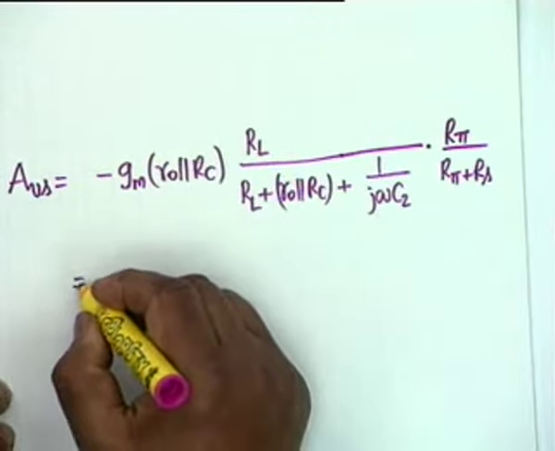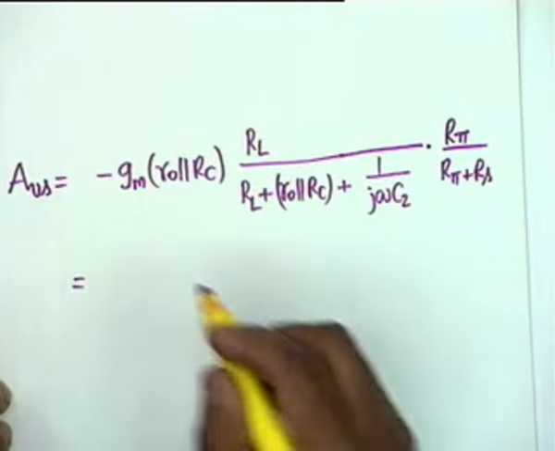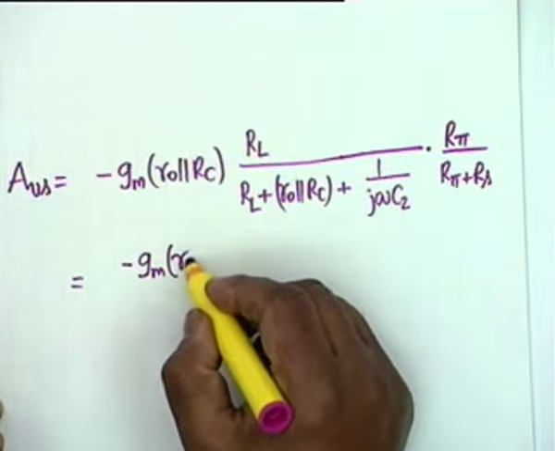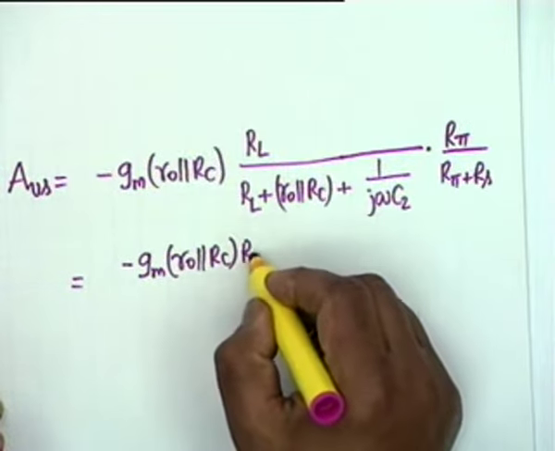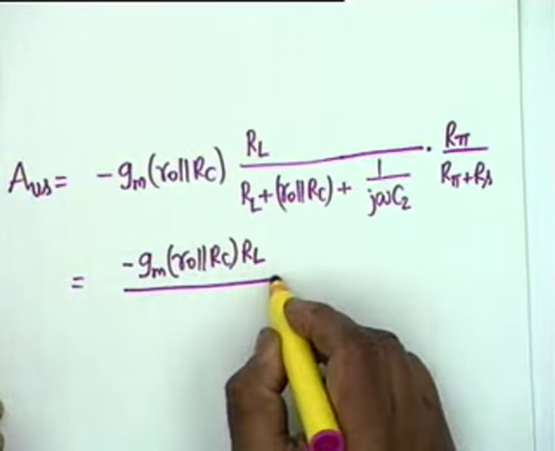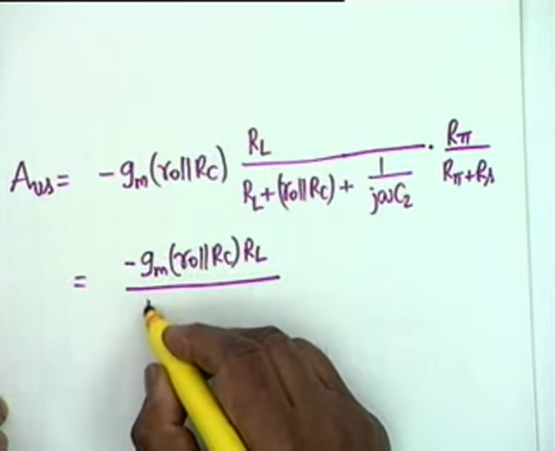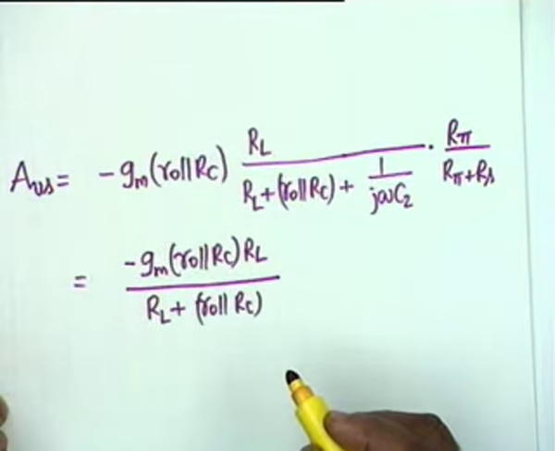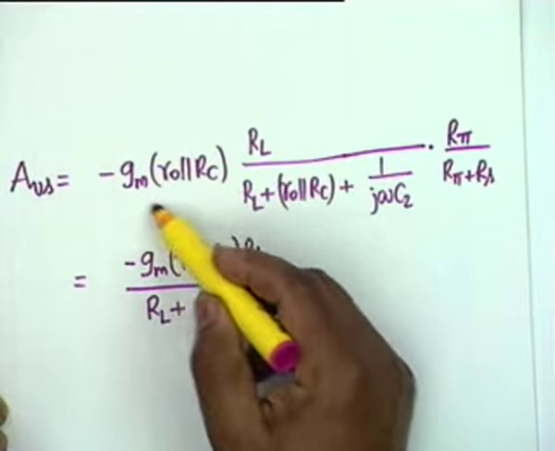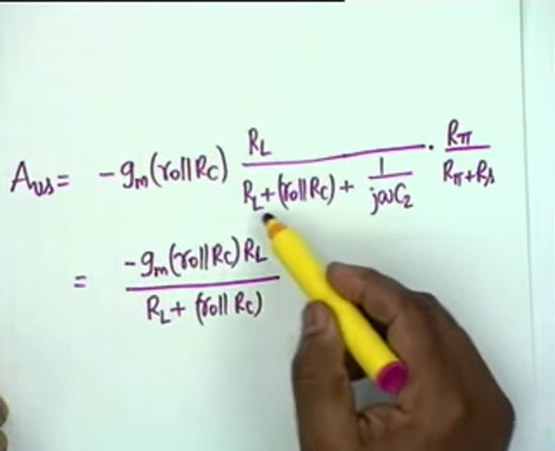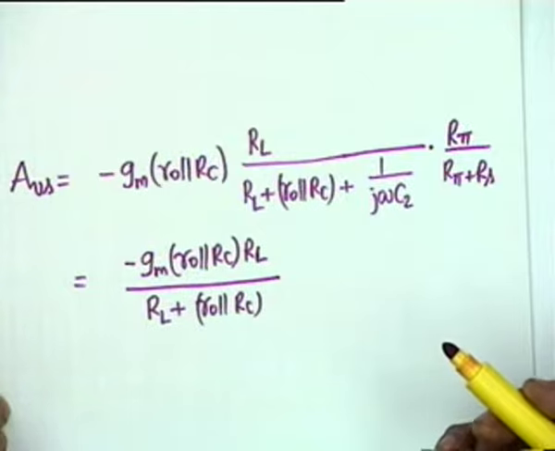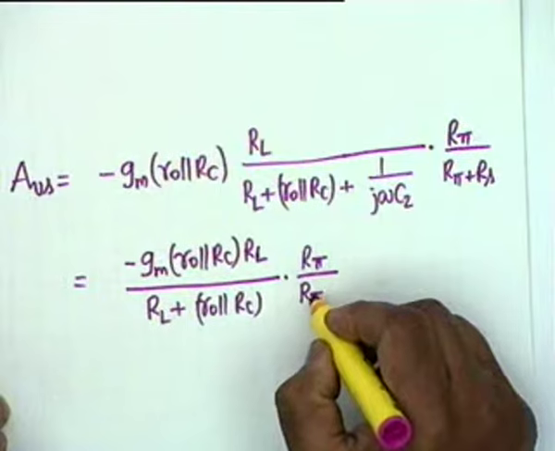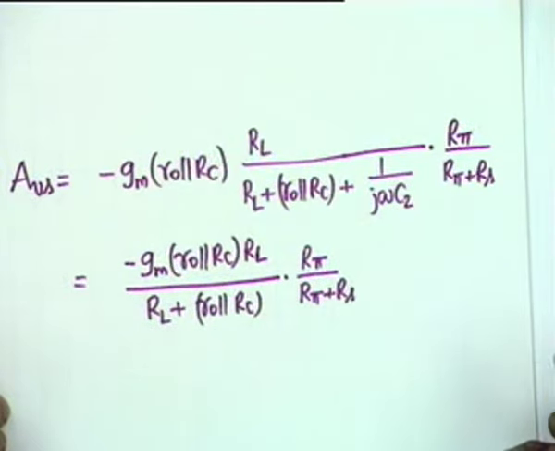Okay. Now you notice something interesting, that I can write this as minus Gm R0 parallel RC multiplied by RL divided by RL plus R0 parallel RC. Okay, I have reproduced this term, I have taken RL and I have taken from the denominator this term, and then let us introduce this also, R pi divided by R pi plus Rs.